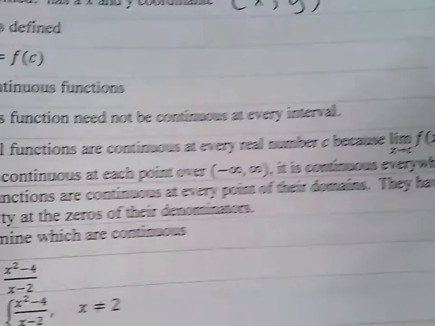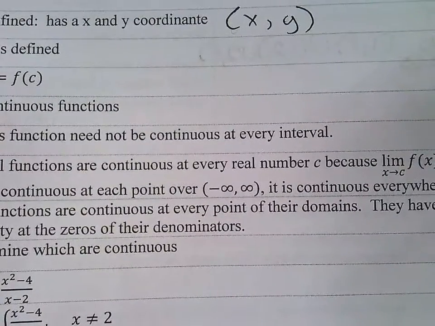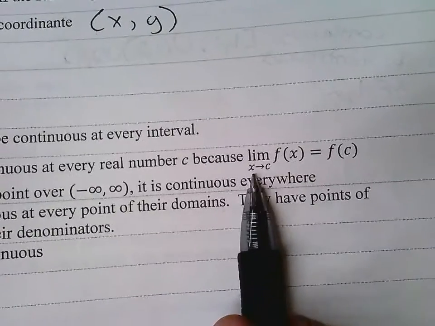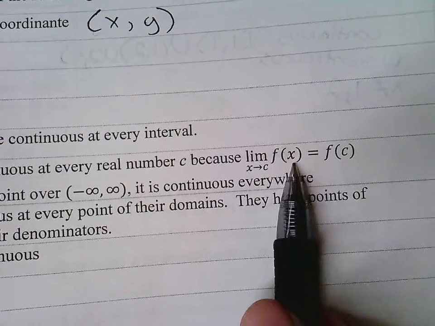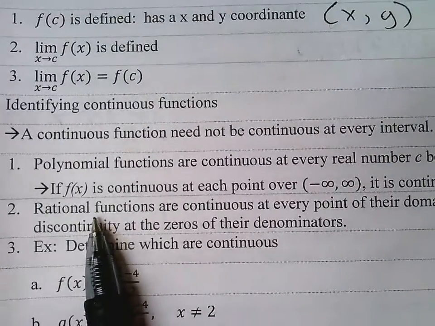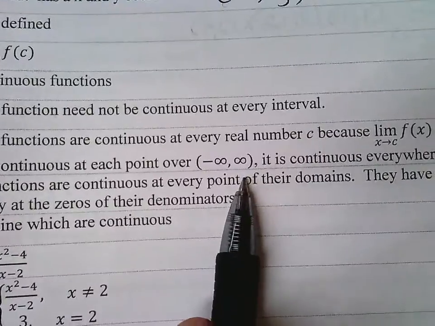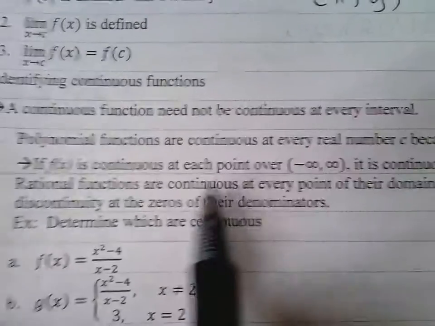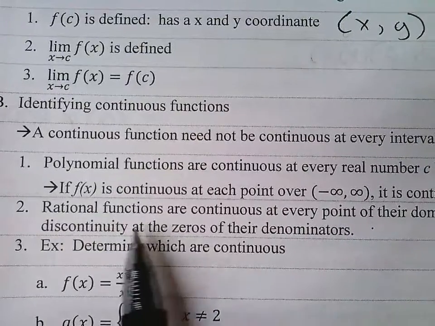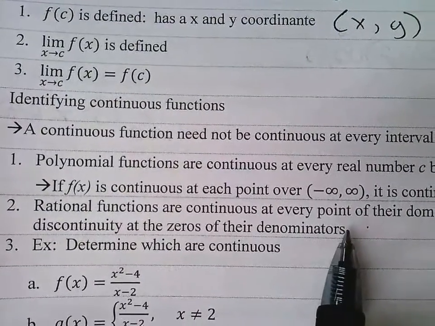Polynomial functions are continuous at every real number c, because at every real number c there's going to be a limit with the same y value and the same defined value. So if f of x is continuous at every point over negative infinity to positive infinity, it is continuous everywhere. Rational functions are continuous at every point of their domains. They just have points of discontinuity at the zeros of their denominator.